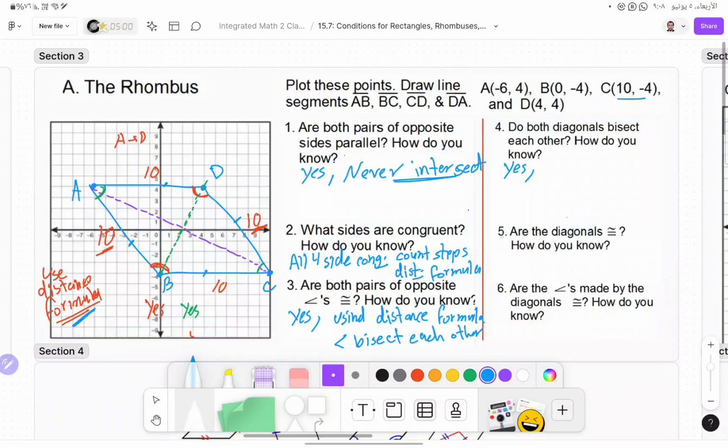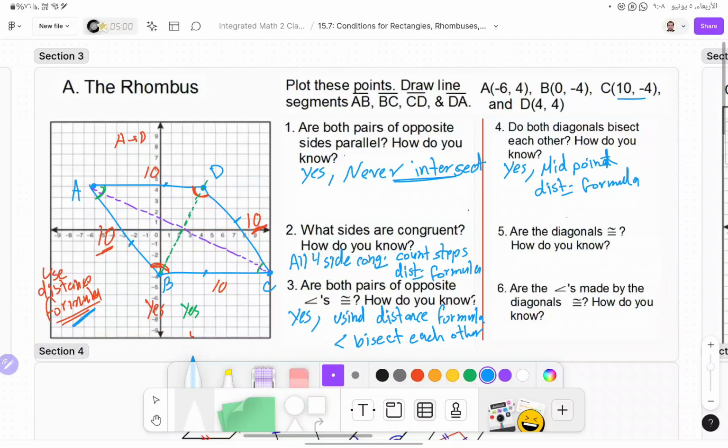Yes, they are. Because we can use the midpoint formula, or you can use the distance formula. Both will give you the correct answer.